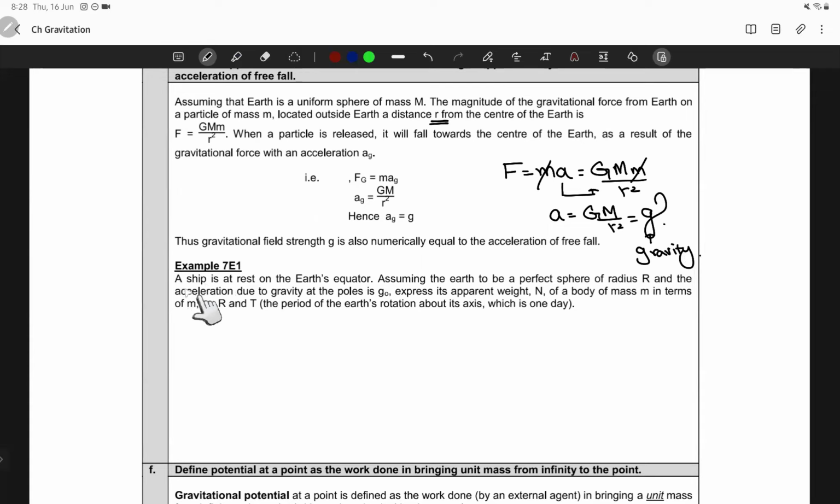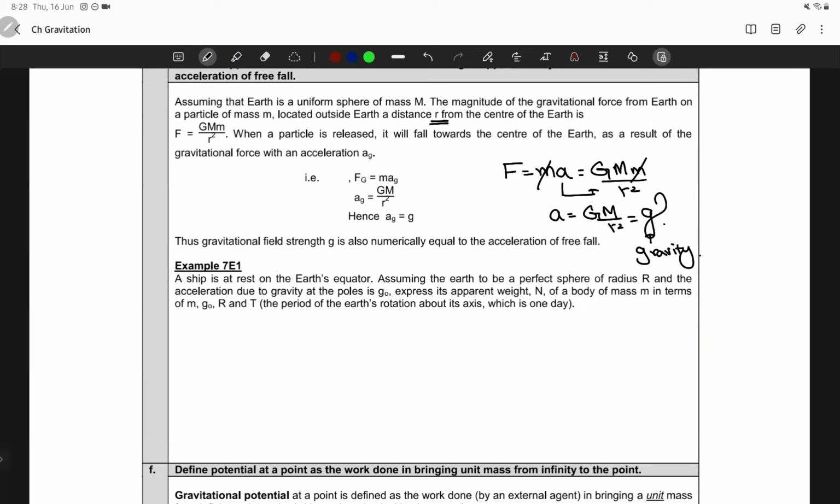So next we have an example which says that you have a ship which is at rest on the Earth's equator. Assume the Earth to be a perfect sphere of radius r, and the acceleration due to gravity at the poles is g naught, so g with this little zero over here.